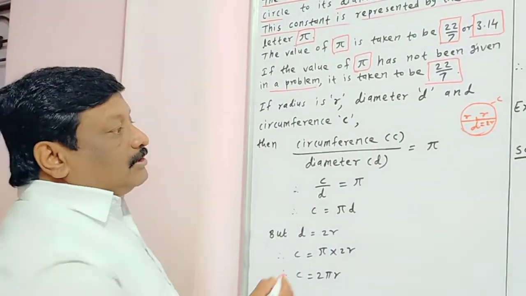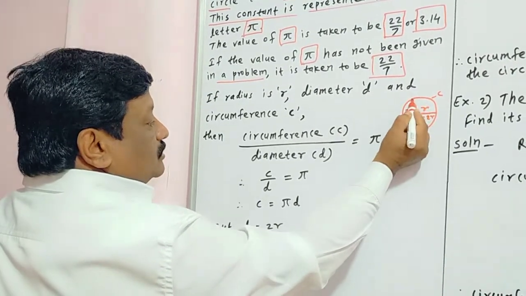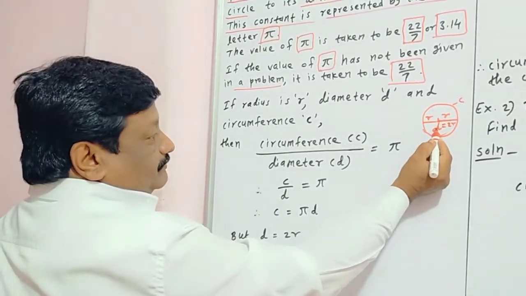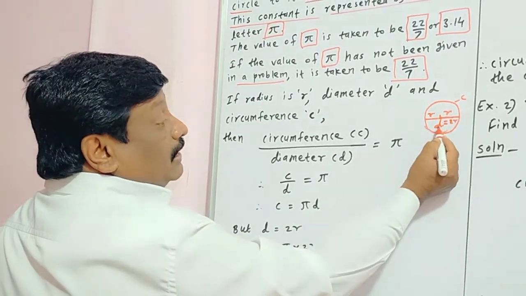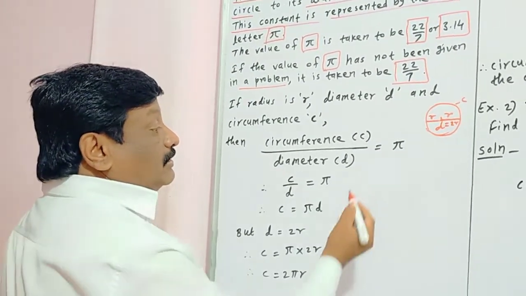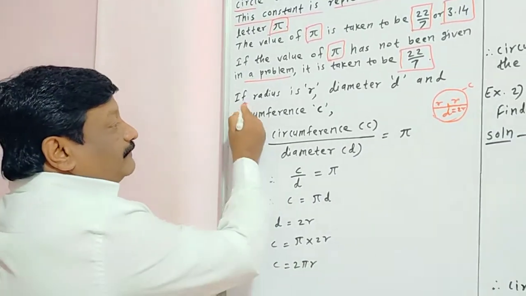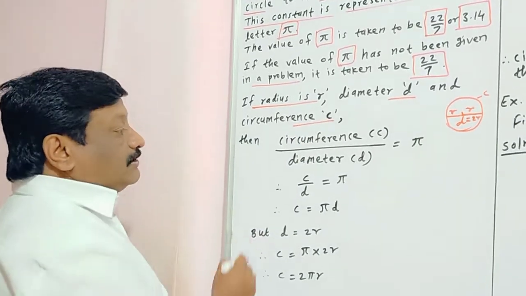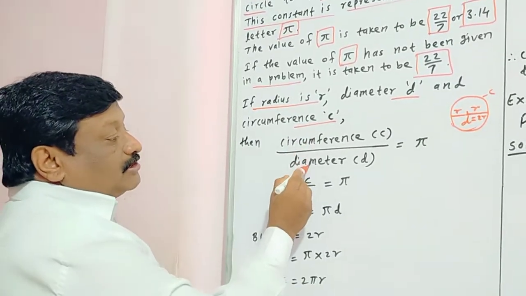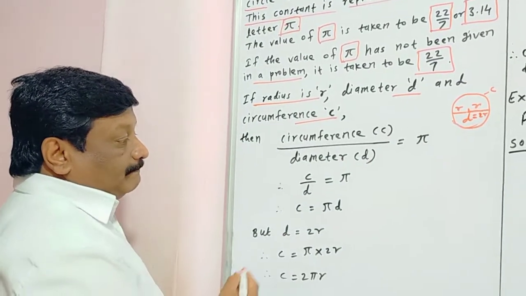Now here a ratio of circumference to its diameter is given. A ratio of circumference of a circle and circle's diameter is constant and it is denoted by pi. So if radius is R, diameter is D and circumference is C, then circumference upon diameter, that is C upon D, equal to pi.